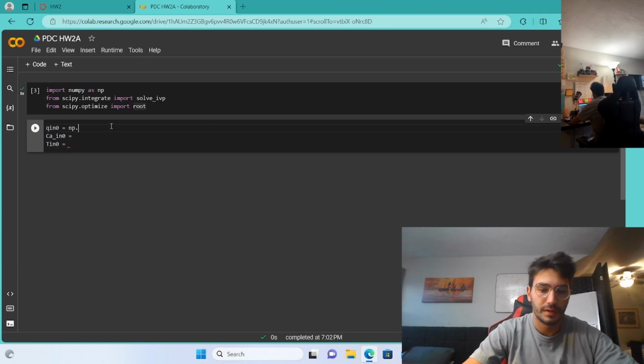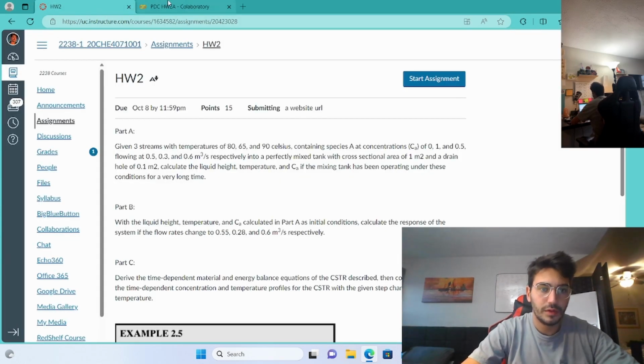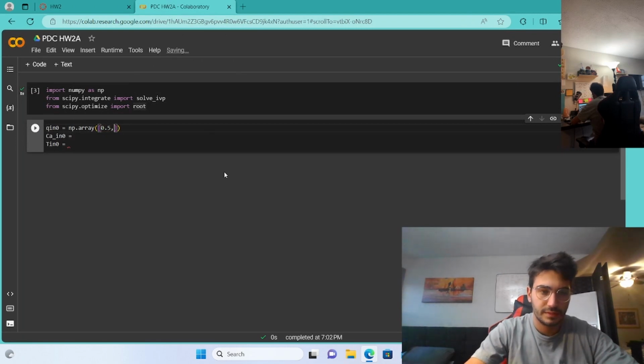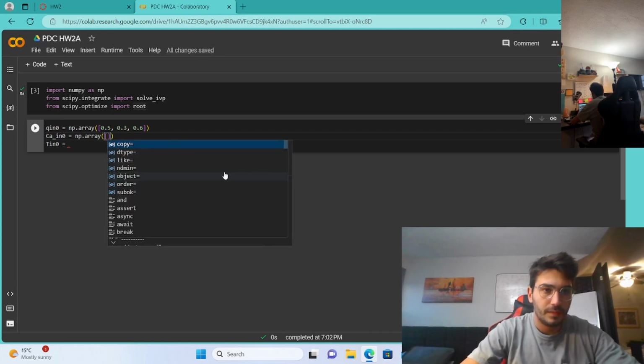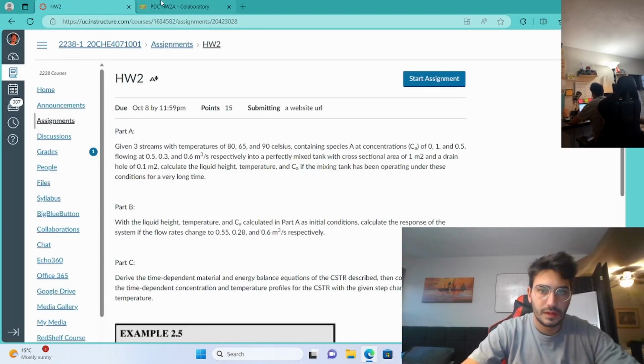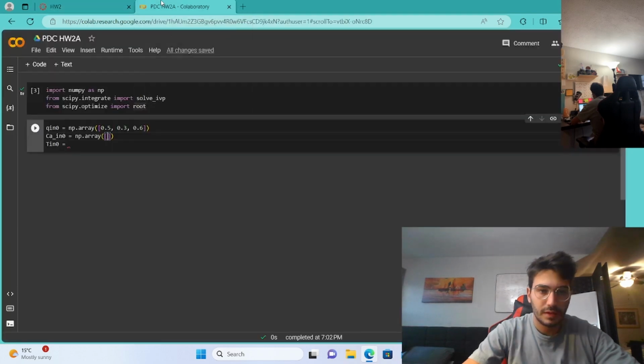And these are all going to be arrays. For the flow, we have 0.5, 0.3, and 0.6 respectively. And for the initial concentration, we have 0, 1, and 0.5.